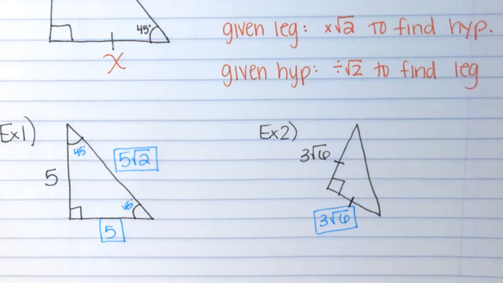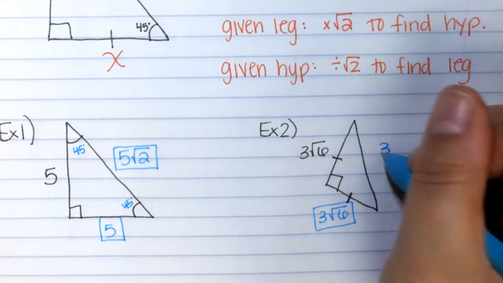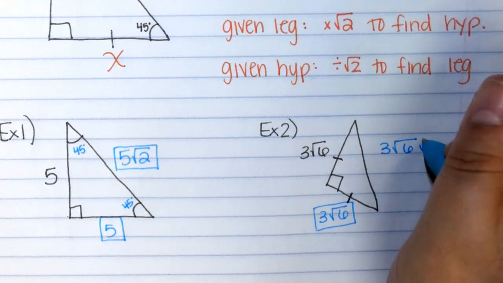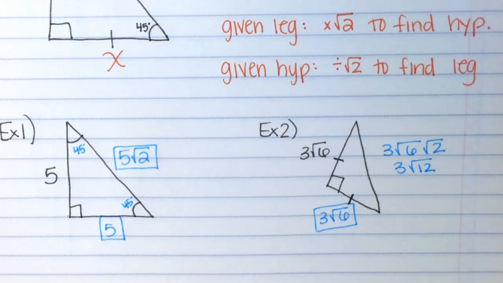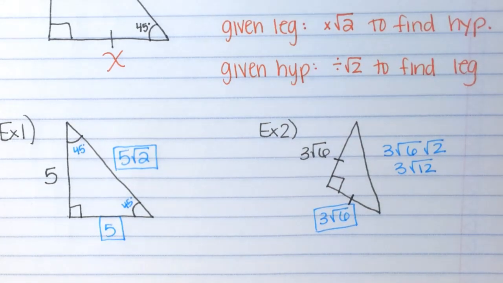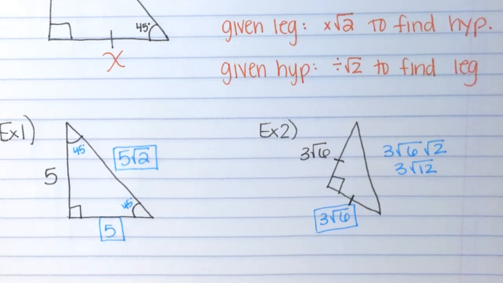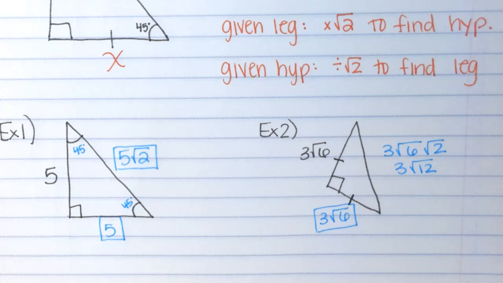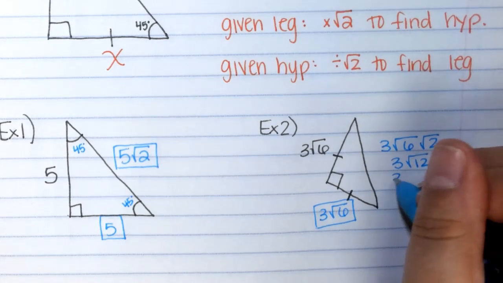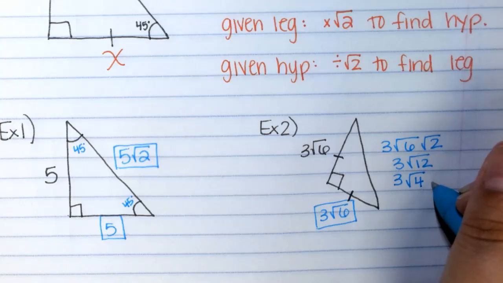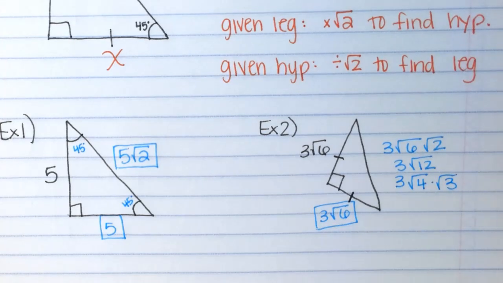And then 3 square root 6 times square root 2, which becomes 3 square root 12. Now, that was the issue with your quizzes. Y'all just stop. Can you keep going? You need to ask yourself that. 12 can be simplified to 4 times root 3.